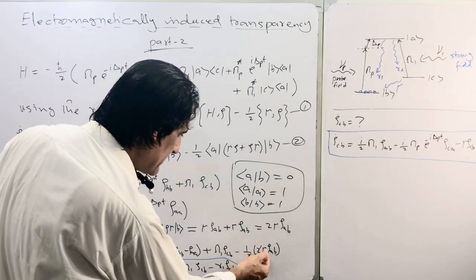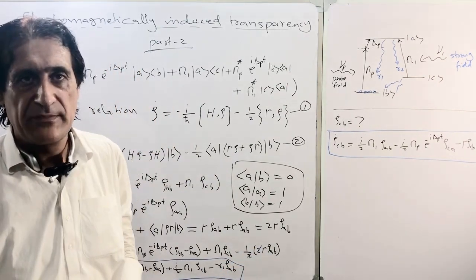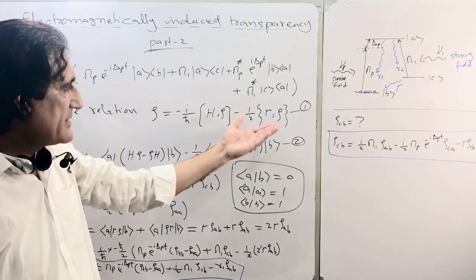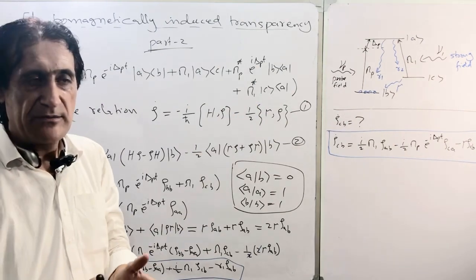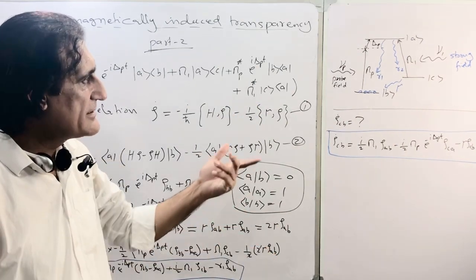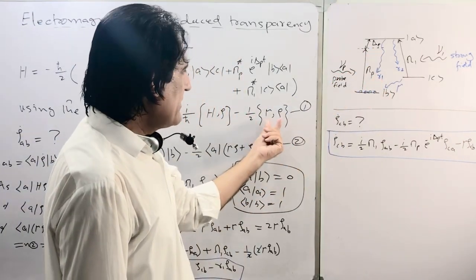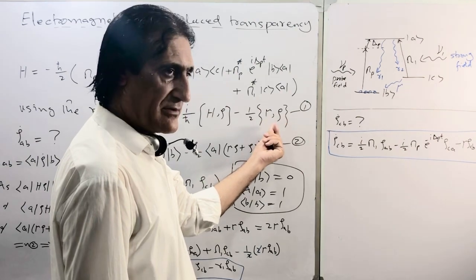So actually this gamma is a generalized decay. I have considered this as a generalized one. It is your choice what this decay is, because this is a generalized equation.